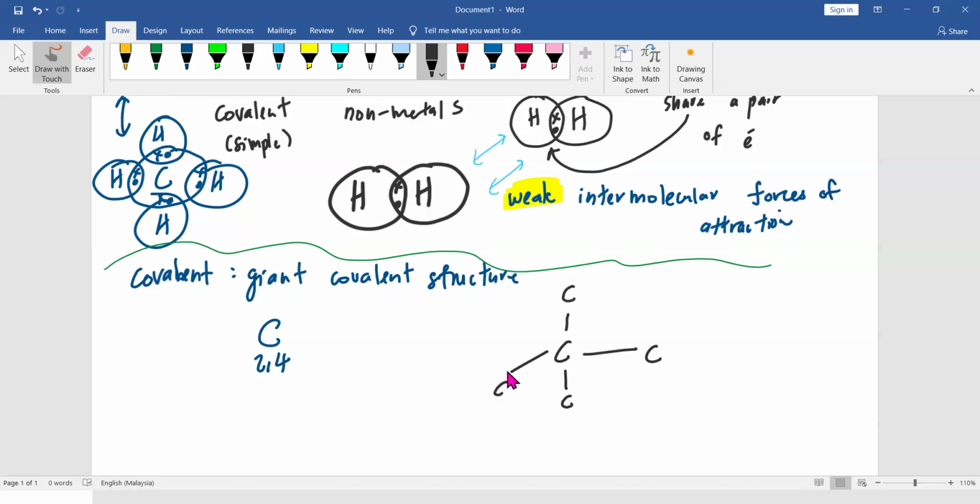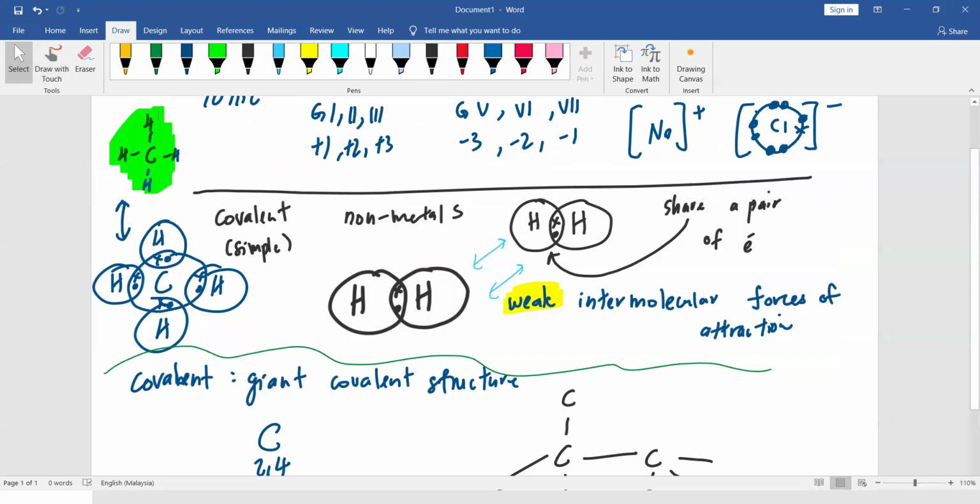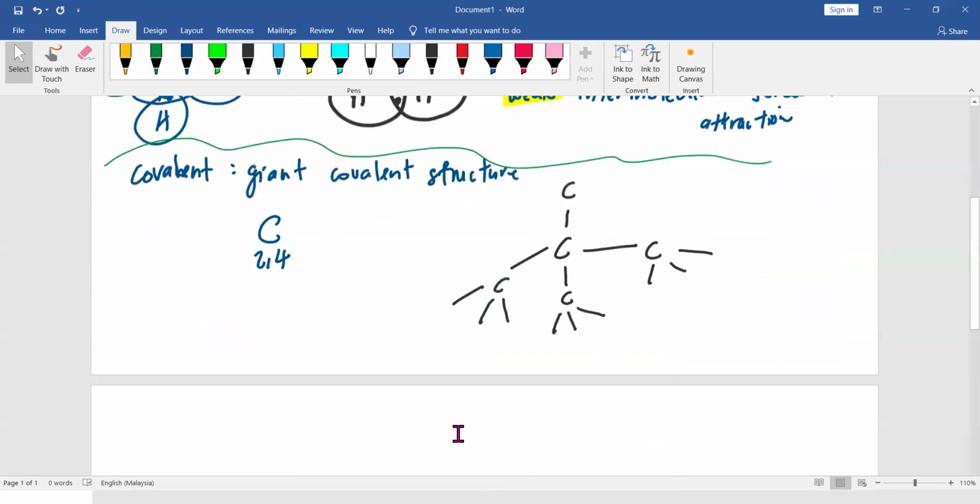This carbon already has how many bonds? 1. How many more does it need? 3. So it forms 3 more bonds. Who do you think it should bond with? Another 4 carbons. It bonds with another 4 carbons.